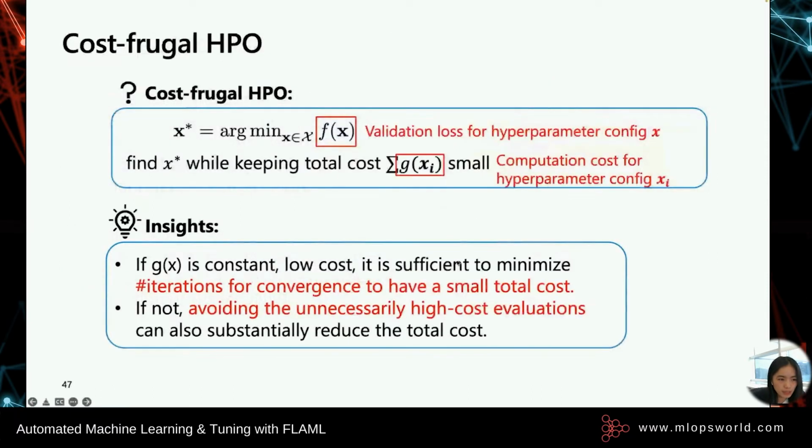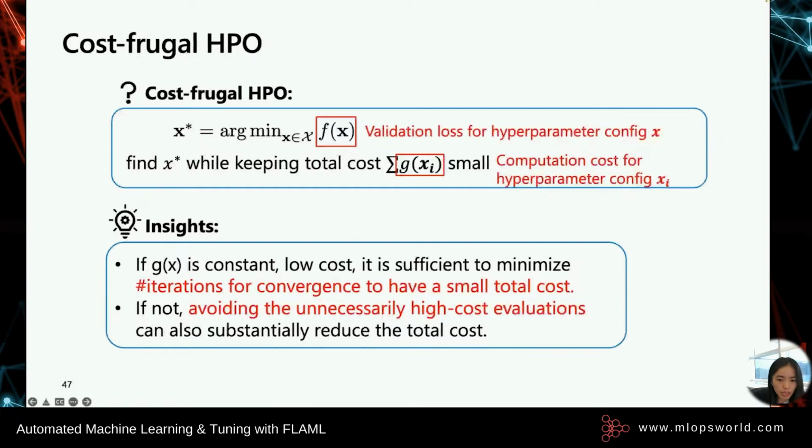Because of the existence of cost-related hyperparameters, hyperparameter optimization becomes tricky if you also want to reduce the total cost for finding a good hyperparameter. So here we add the word cost-frugal in front of HPO to reflect the fact that we also want to minimize the total computation cost while searching for hyperparameter configurations to minimize the validation loss.